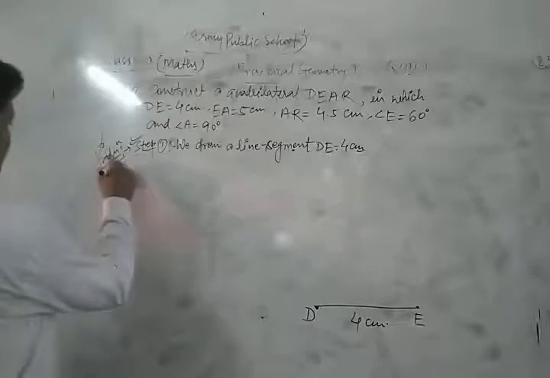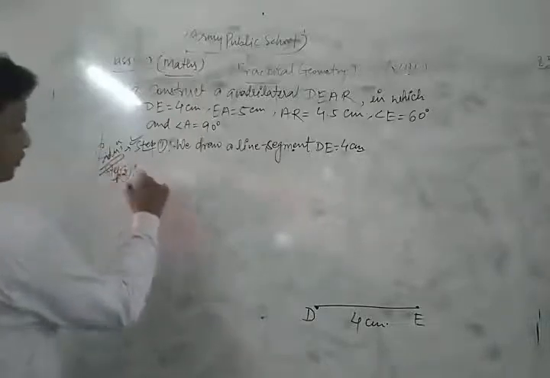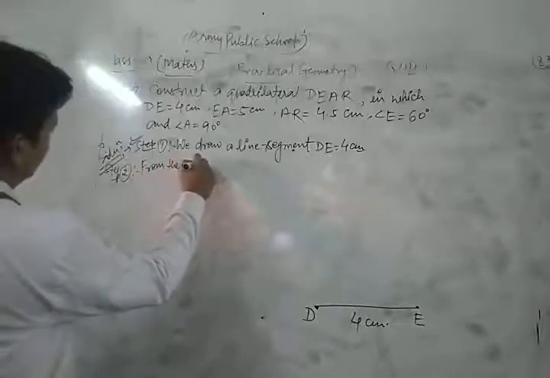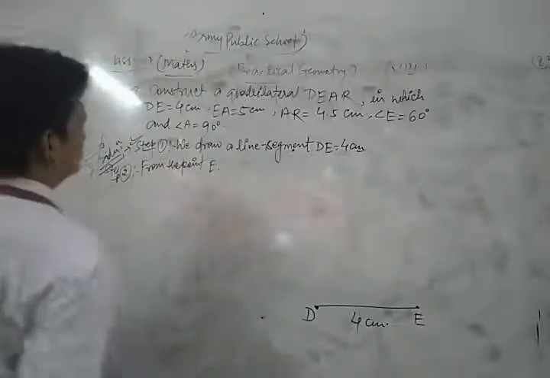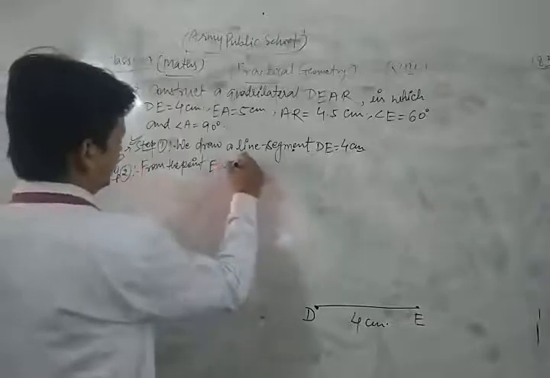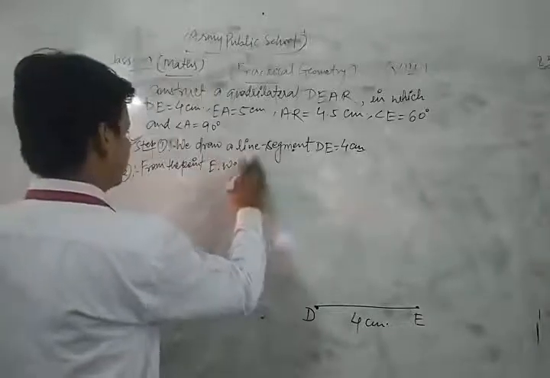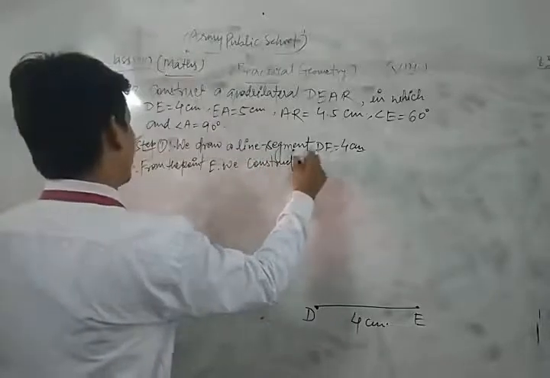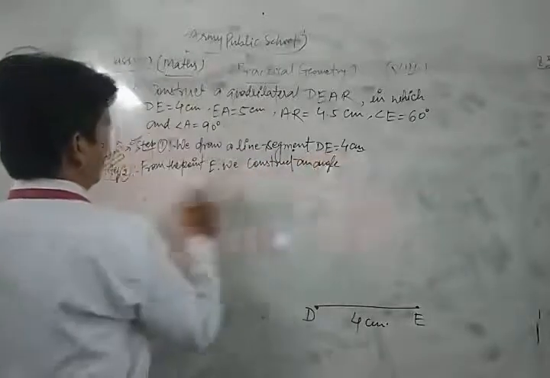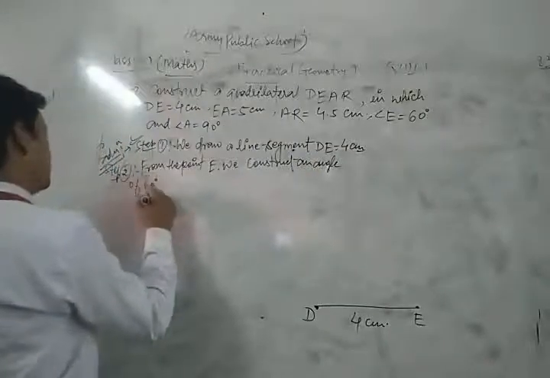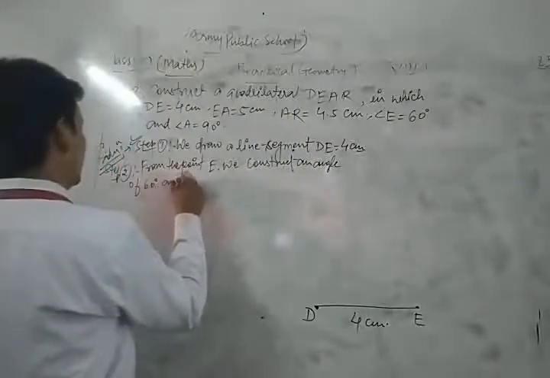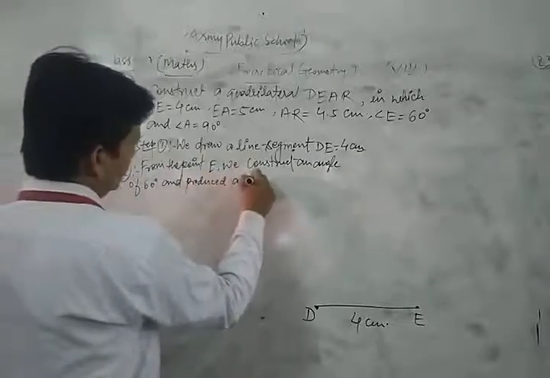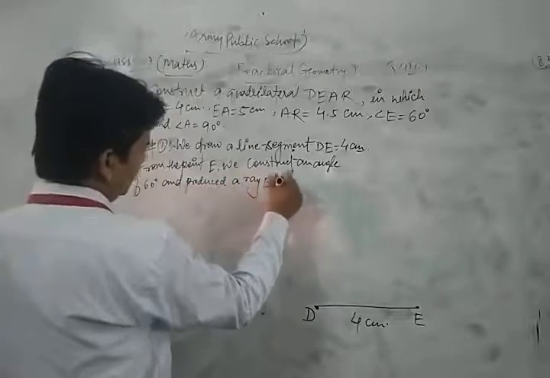In step 2, from the point E, we construct an angle of 60 degree and produce a ray EX.